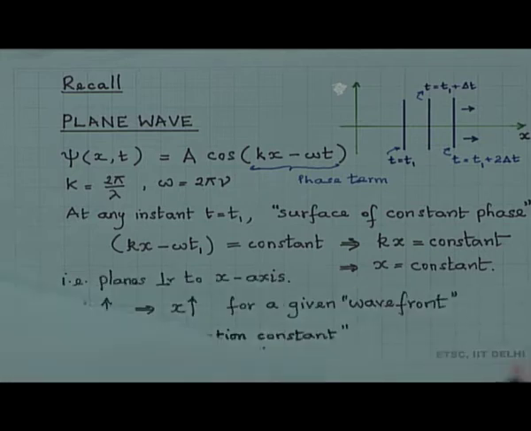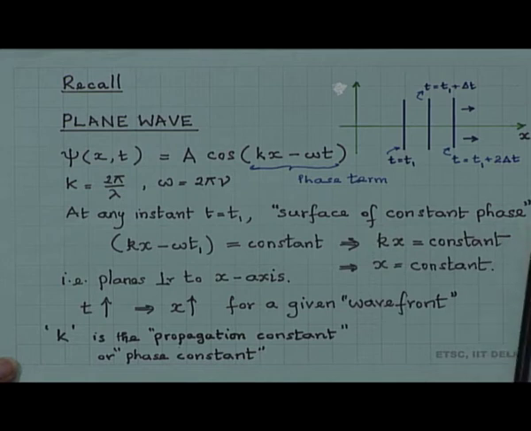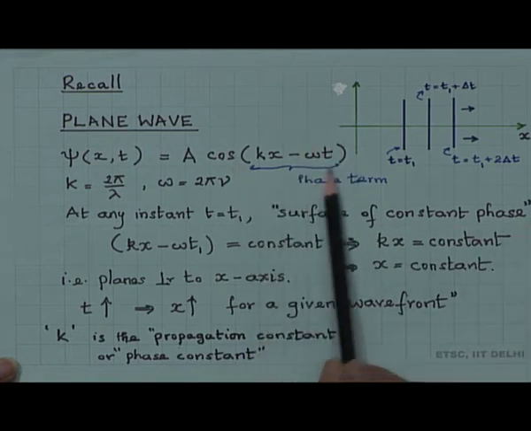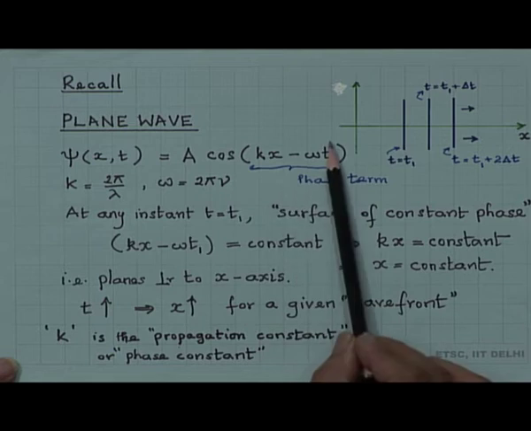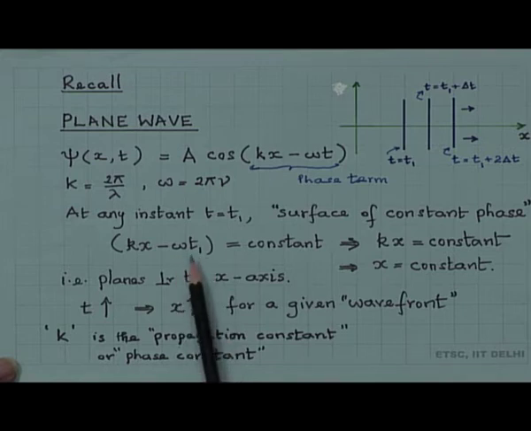Therefore, at any instant t is equal to t1, the surface of constant phase is obtained by putting this phase term equal to constant. So, k x minus omega t1 is equal to constant at an instant when t is equal to t1. Therefore, this part is constant.